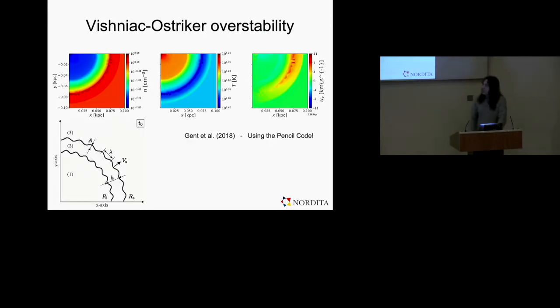To review a little bit, the Vishniac-Ostriker overstability causes a wiggliness of the thin shell as it expands. We have seen this in earlier simulations at low resolution. You can see this wiggliness in the shell here, which is basically this Vishniac-Ostriker effect.